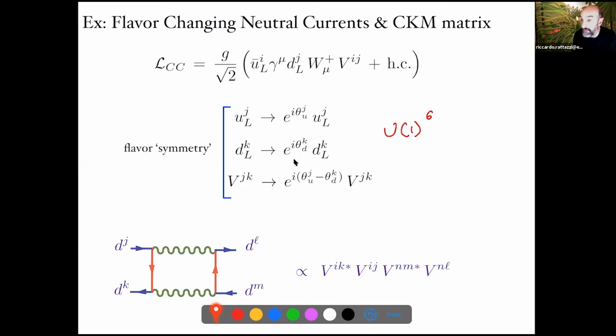So for instance, you can immediately say this. This is just another example of... so if you don't want to go and sit down and do the computation, it's just this symmetry that allows you to decide immediately, without looking even at Feynman rules, that the amplitude has to behave this way.